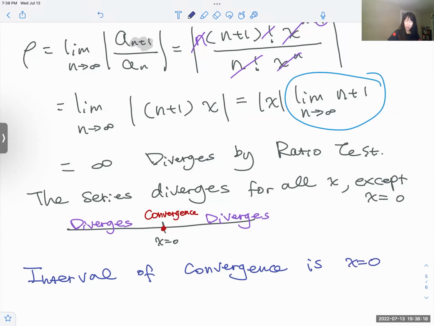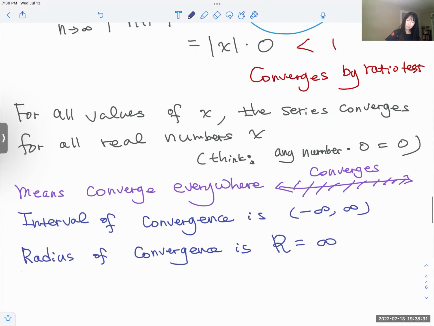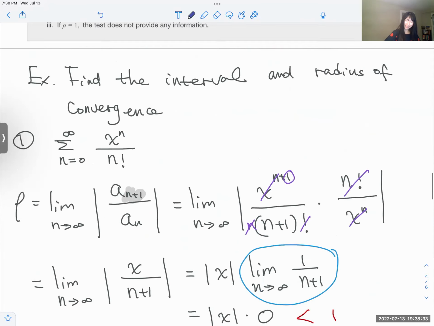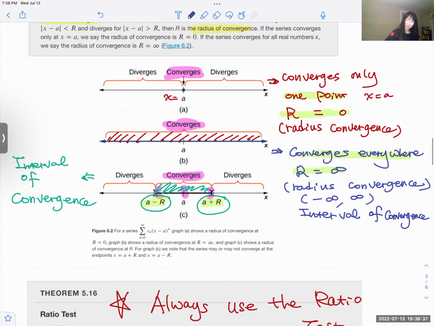Then the radius of convergence is equal to 0, okay? Because there is no length of radius, okay?